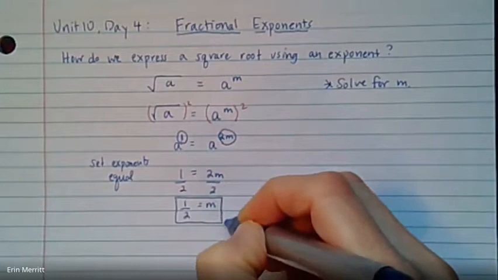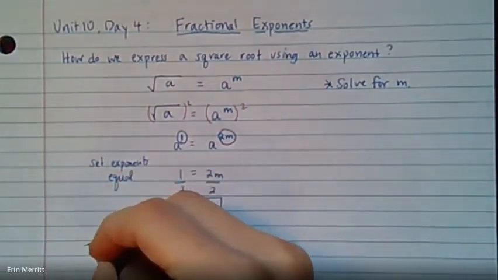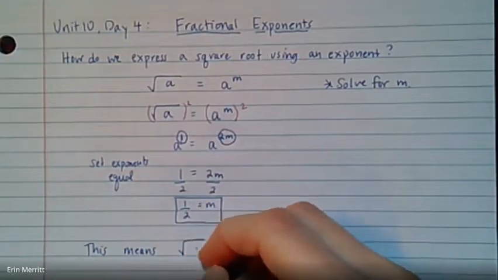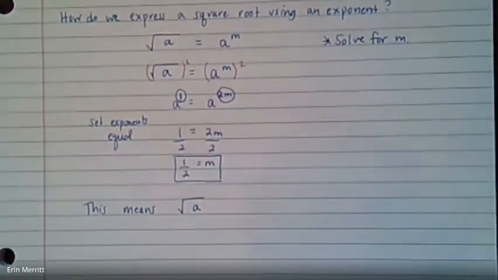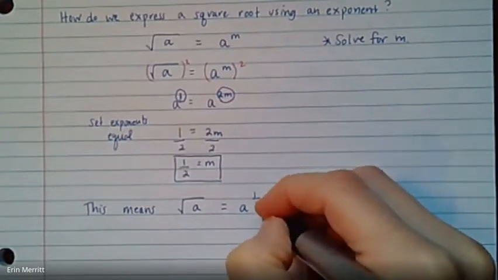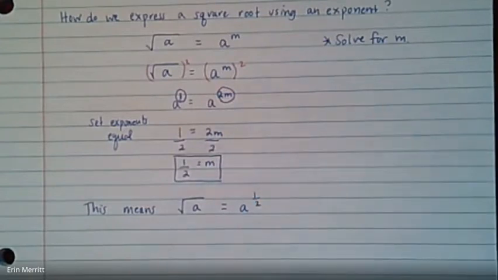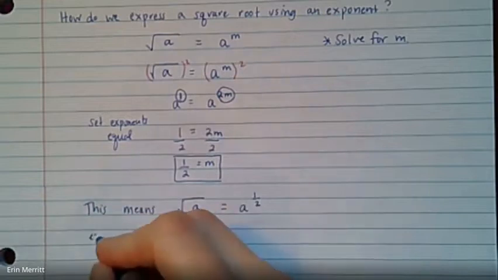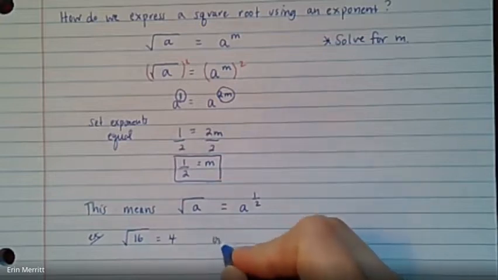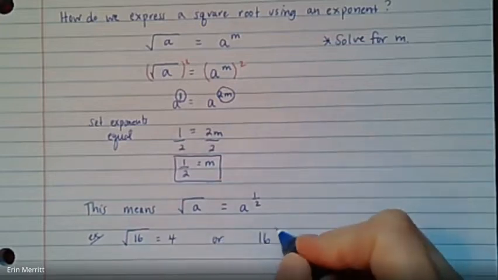So what that means is that the square root of a is the same as having a raised to the 1/2 power. So let's try this out. If I use a little example, the square root of 16, well, we all know that's 4. So that is the same as saying 16 raised to the 1/2 power.